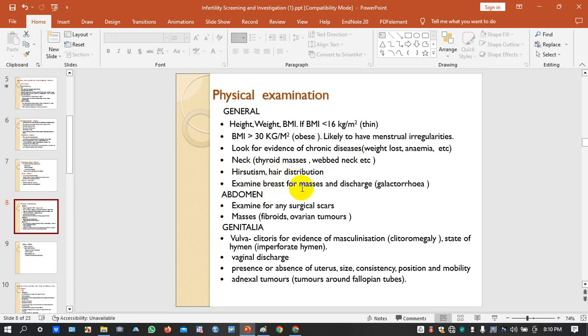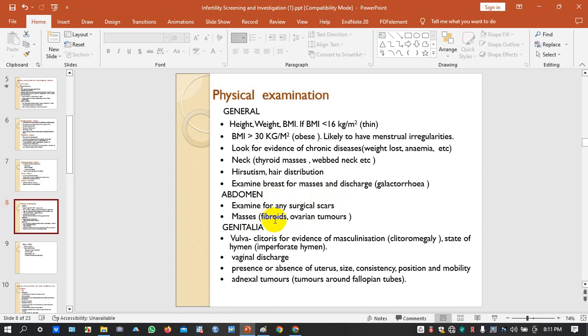We also examine the breast for masses and discharge. Is there any milk coming out of the breast whilst you are not pregnant, or you haven't delivered, or you are not breastfeeding? Why should milk come out of your breast? That means you have a pituitary tumor or something. We also examine your abdomen for surgical scars or scarifications.